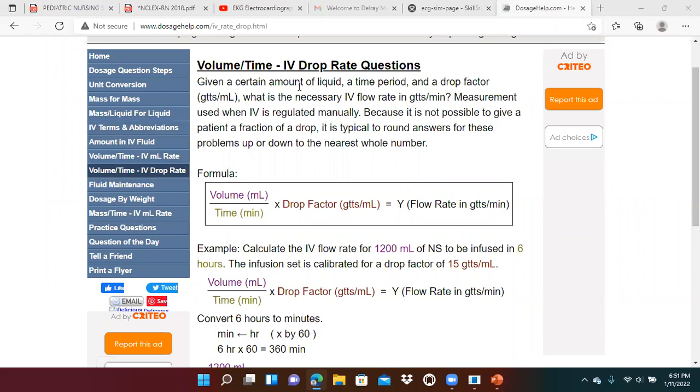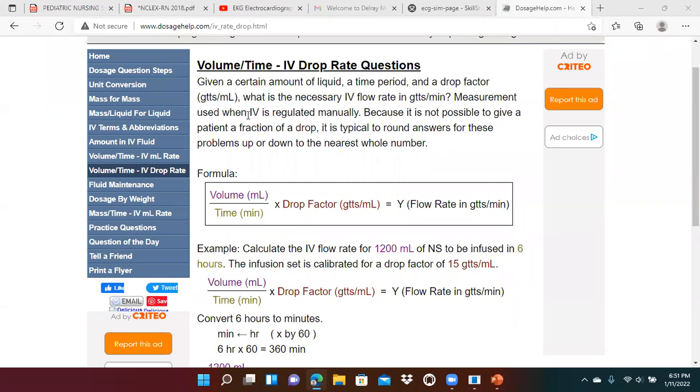So given a certain amount of liquid, a time period, and the drop factor, the unit is called GTT per ml. It is called the drop factor. What is the necessary IV flow rate in GTT per minute?